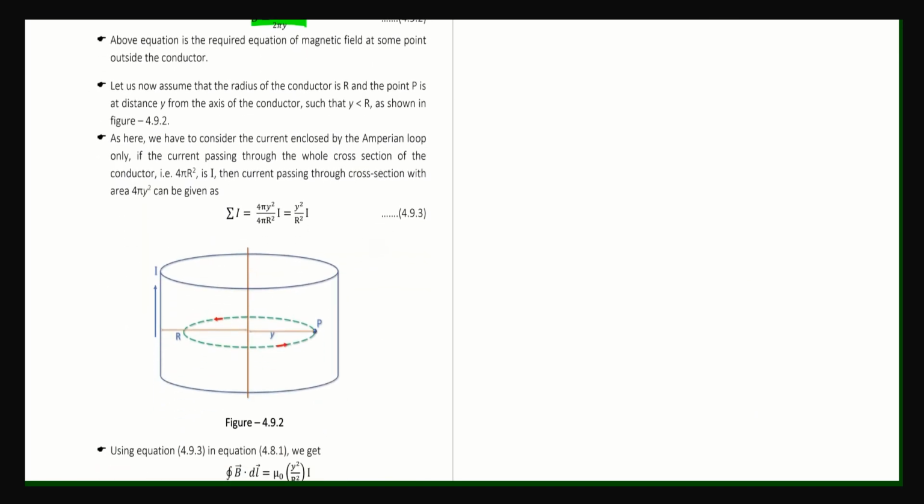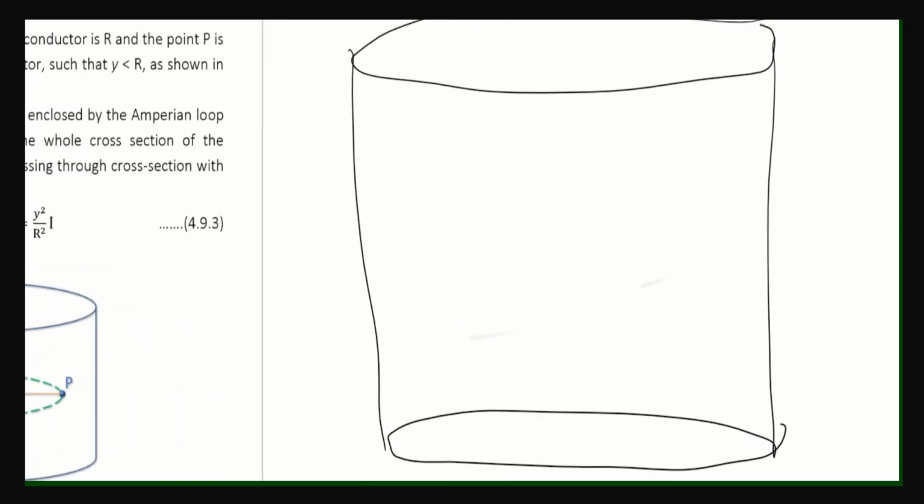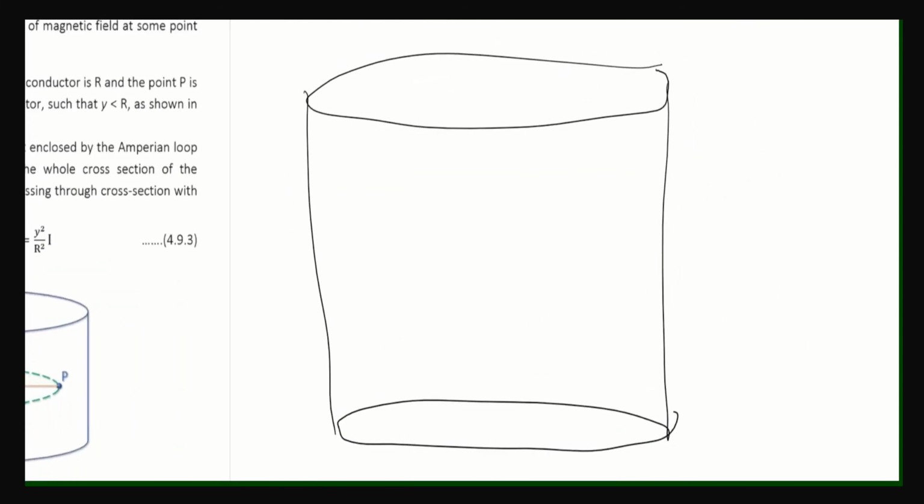So if the point is inside, let us consider that the conductor has radius r, and let there be some point P. Where is point P?